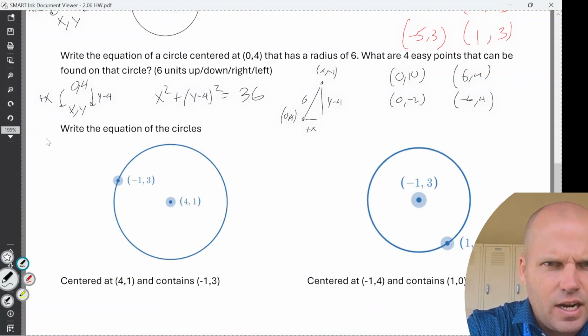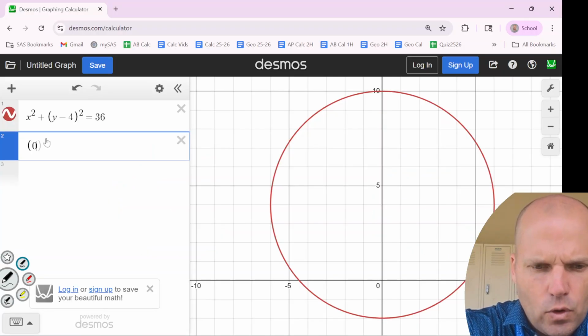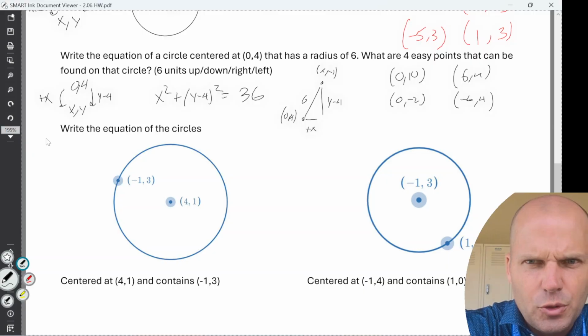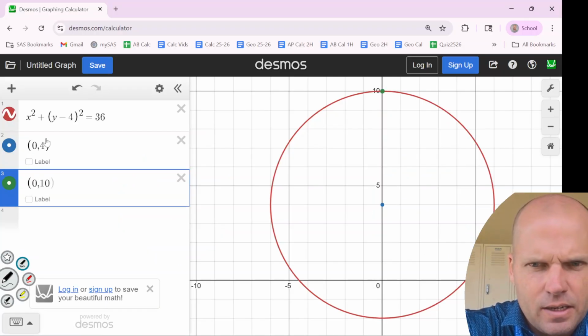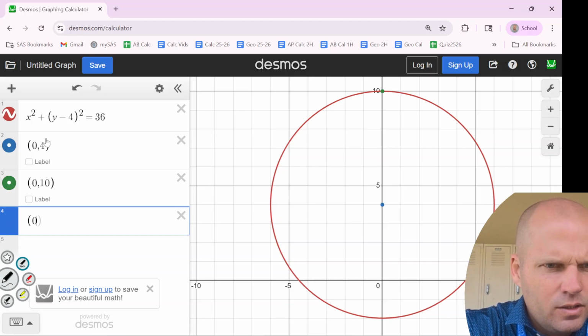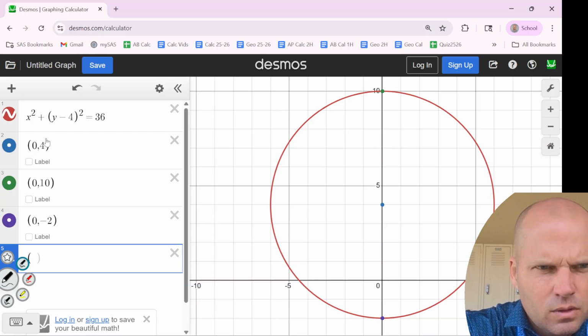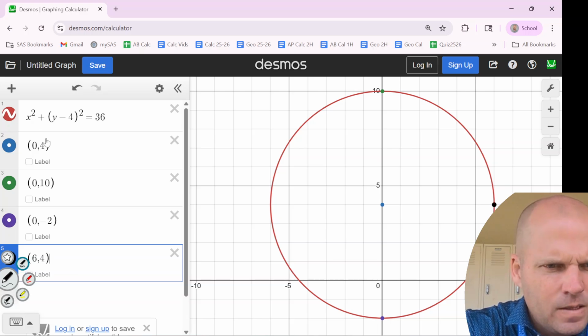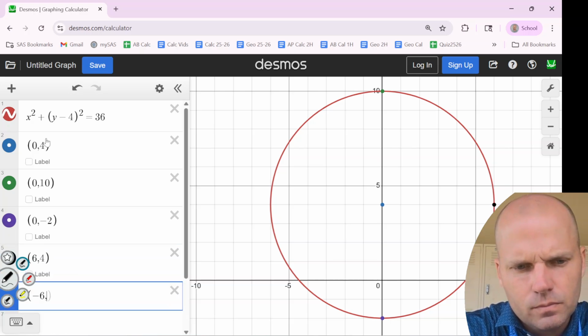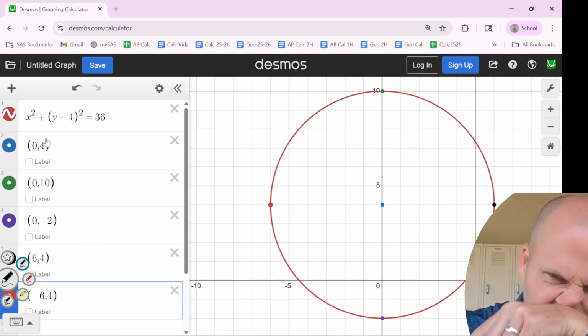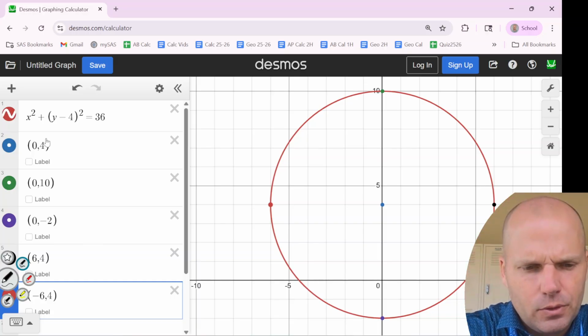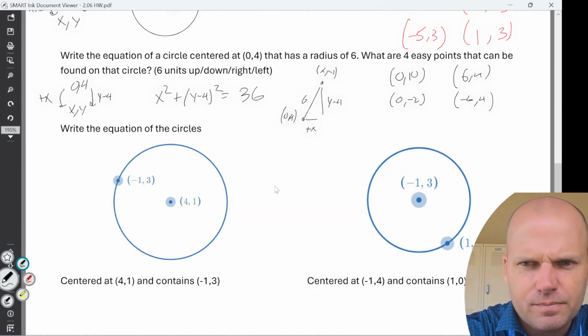Do we center at (0, 4)? Do we have the point (0, 10)? (0, −2)? 6 from (0, 4): (6, 4) and (−6, 4). Yep. It's beautiful. It's a beautiful sight to see. All right.